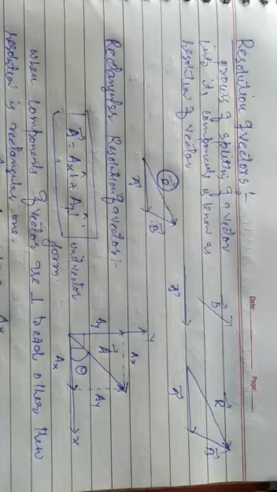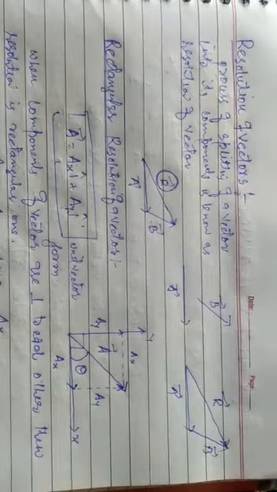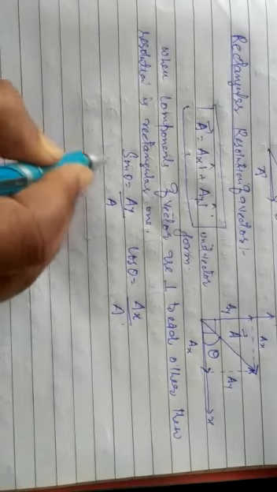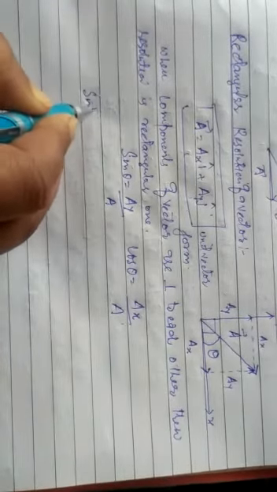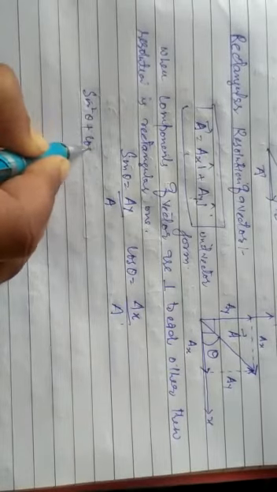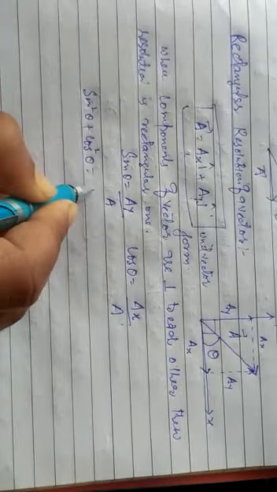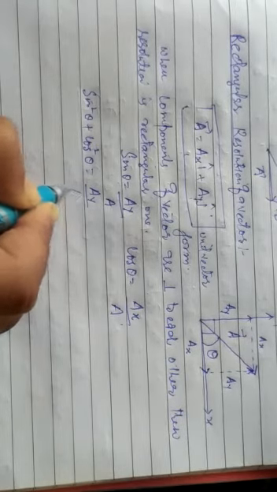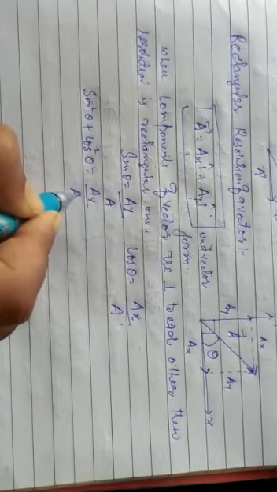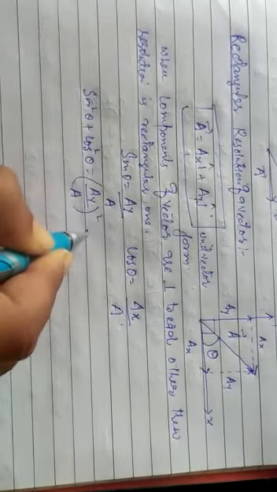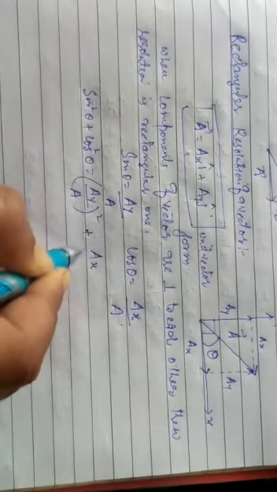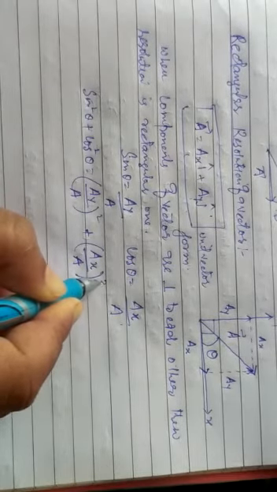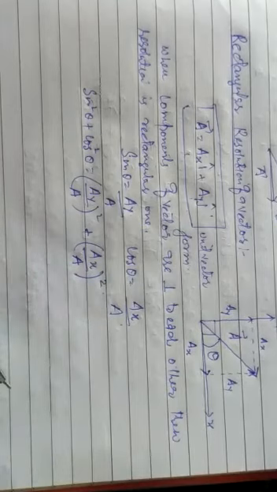Now if we square them and add them, we have sine square theta plus cos square theta equals (a_y by a) whole square plus (a_x by a) whole square.